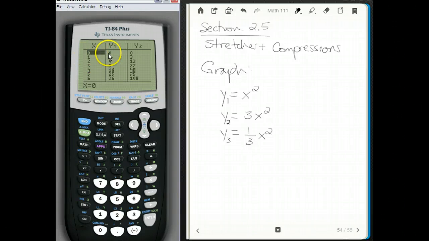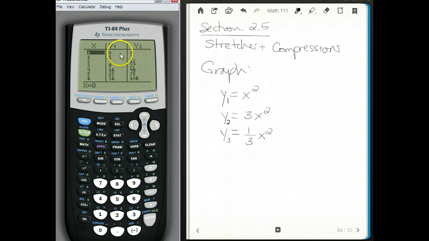When x is 0 in y1, we get y is 0. And y1, remember, is this x squared equation. If we start comparing what y1, this function x squared, is doing with what y2 is doing, and y2, remember, is 3x squared, we can see a difference. Notice when x is 0, we get 0 for both y1 and y2.